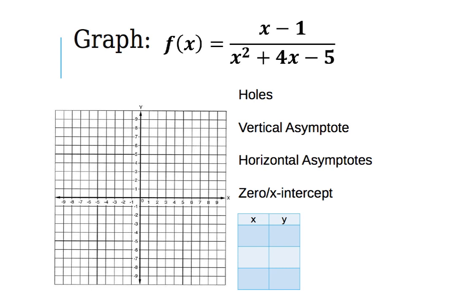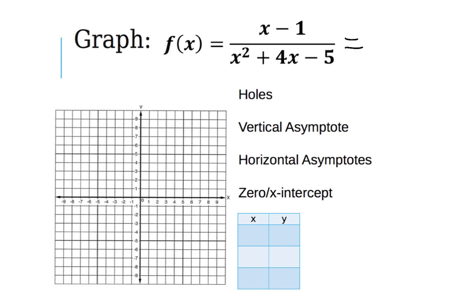So example number 1 says graph f of x equals x minus 1 divided by x squared plus 4x minus 5. So as we talked about before, anytime we're given a rational, we want to make sure we factor the numerator and the denominator before we do anything else moving forward. Luckily, the top is already factored for us, so we just have to take a look at the bottom. So the top is going to stay x minus 1.